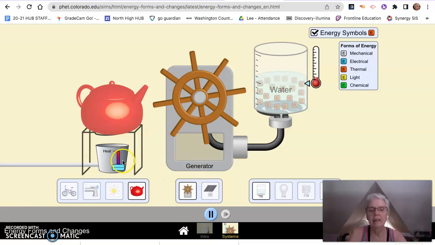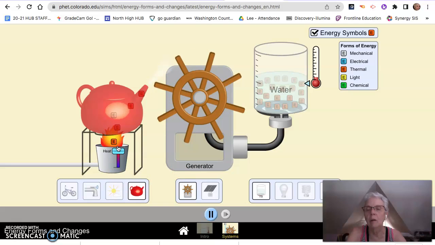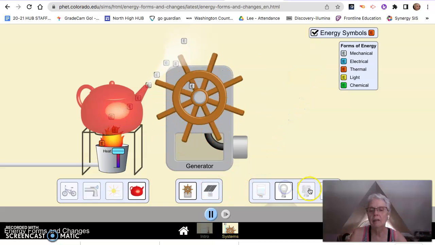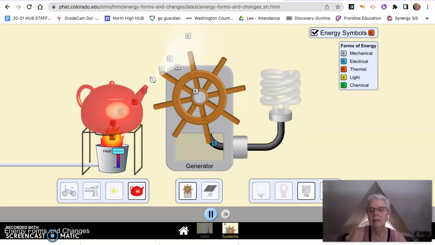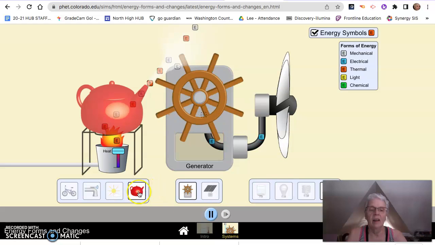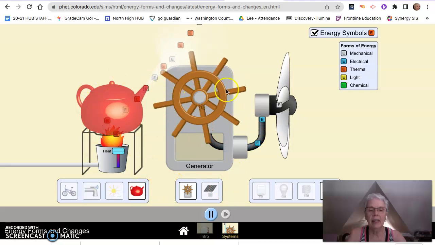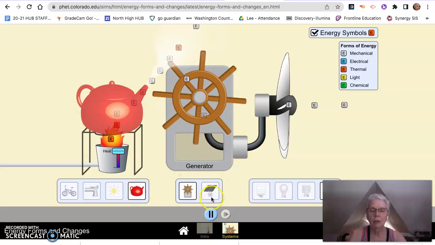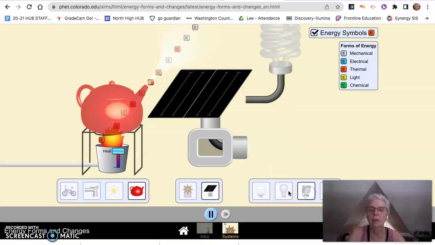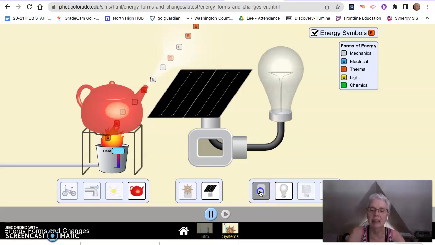And again, you will have to heat that water, so you'll have to turn that up. But you will look at each one of these again and see what happens. Then once I have done that, I'm going to change my generator to a solar panel and see what happens and go through each one of these things yet again.